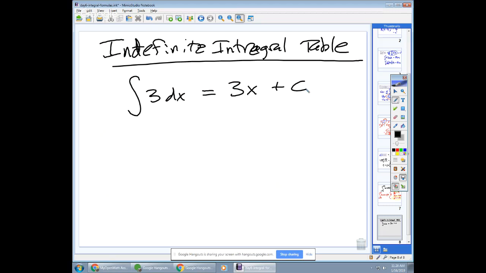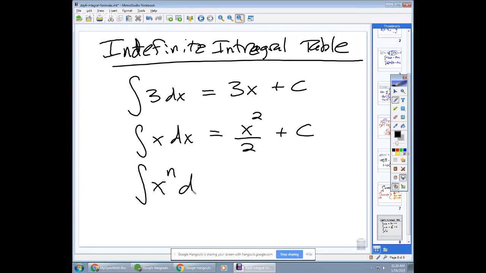What if we had the x? What function has a derivative of x? Yeah, x squared, but then, because if we take the derivative, the 2 would come down, so we have to compensate by putting the 2 underneath. And then plus c. In general, we have a reverse power rule for integrals. So what if I needed the antiderivative of x to the n with respect to x?